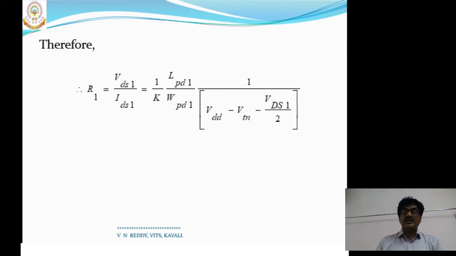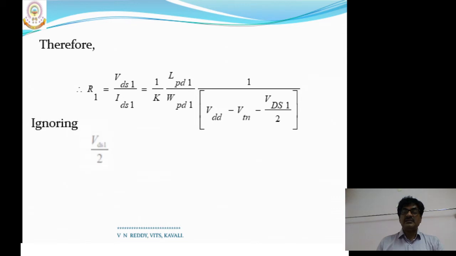Since with reference to the pull down transistor the VDS voltage is very small, being in the active, non-saturation region, the VDS1 by 2 term is very small, that's why it is neglected.